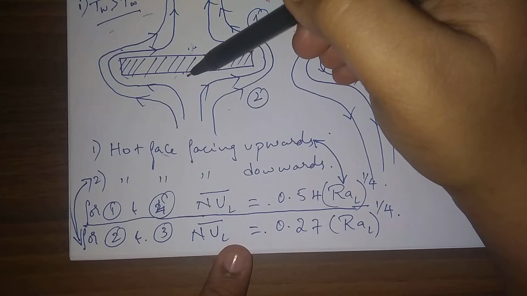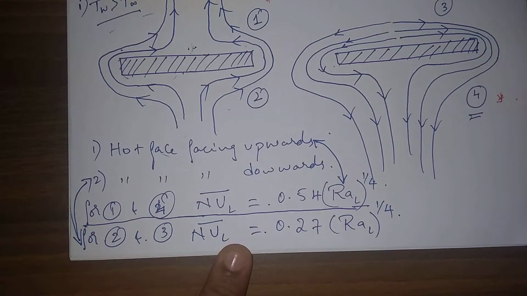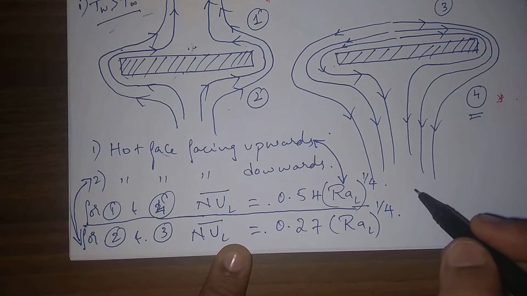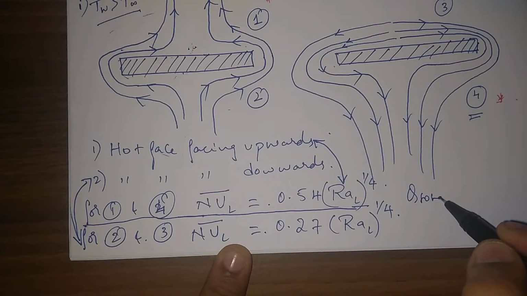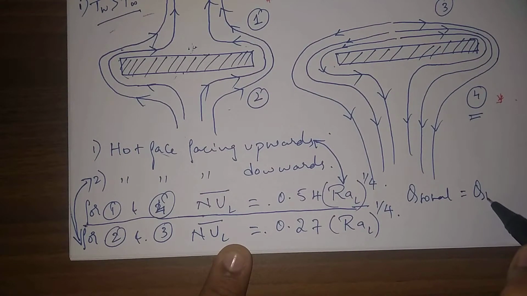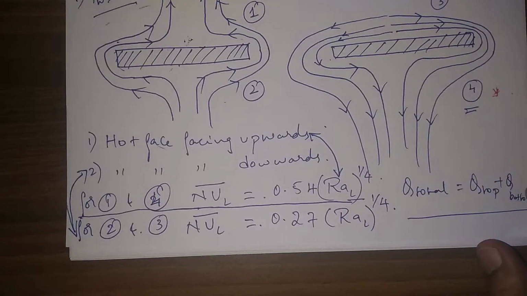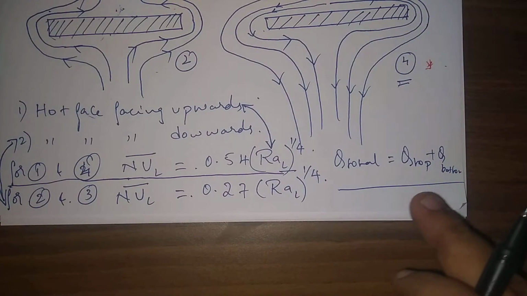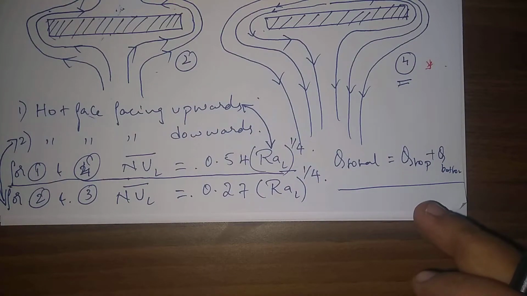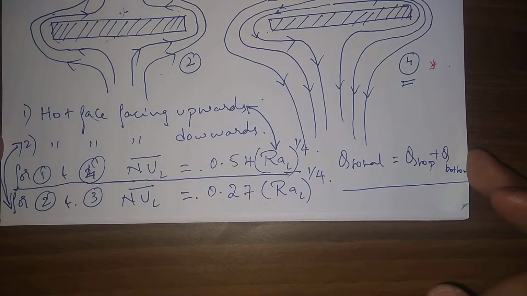And then Q total will be equal to Q top plus Q bottom. So please note this. This is what you need to understand whenever you want to calculate the heat transfer coefficient or heat transfer rate for a horizontal flat plate.